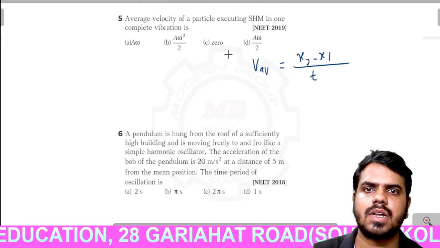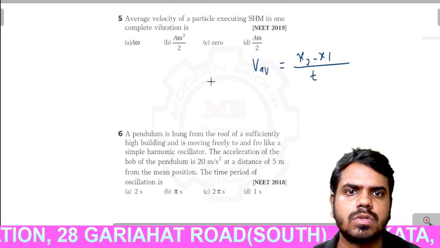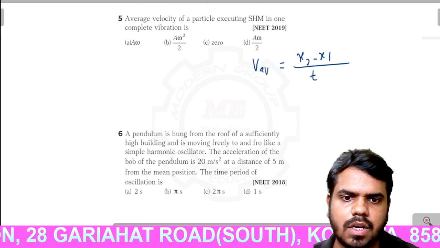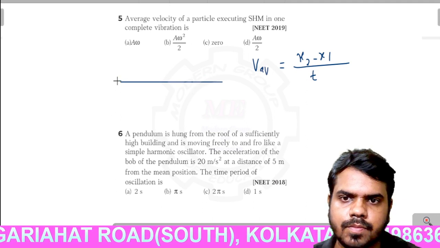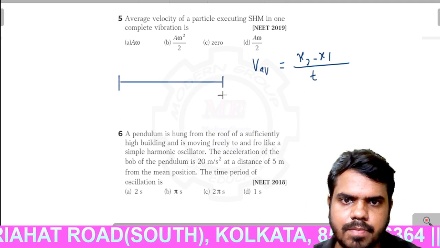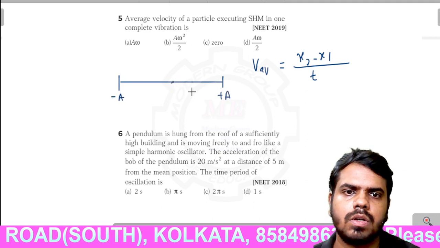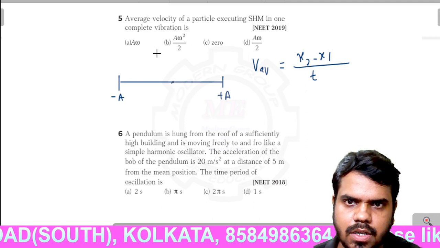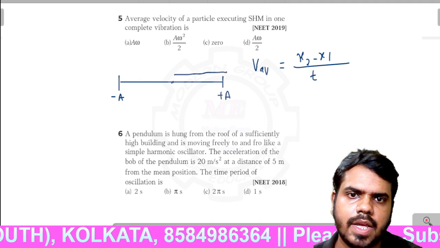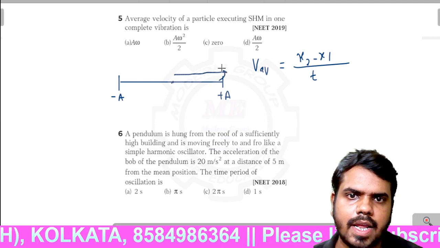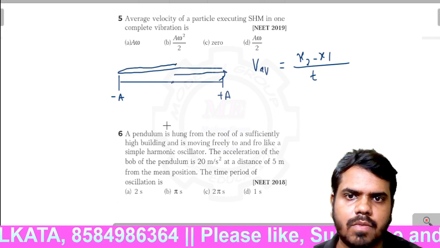So for the average velocity of a particle executing SHM in one time period, the particle goes to the extreme position. I have already drawn this, again I am drawing this. This is the plus amplitude, this is the minus amplitude, and this is the mean position. One complete vibration means one time period. In one time period the body goes to the extreme position, again repeats its path and comes back to the mean position.